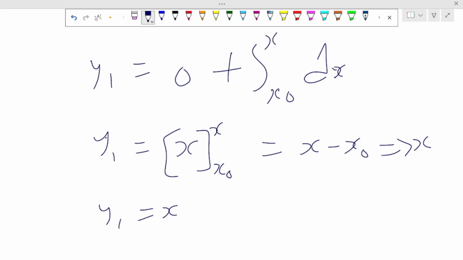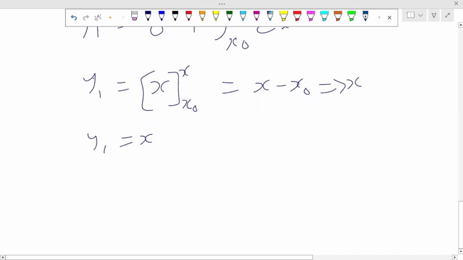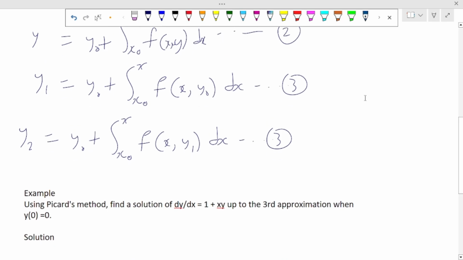Now for the second approximation, the same thing. However, where we had y at y0, we are going to have y1 there, just like this. Look at it here. Second approximation, this part where we had y0, we're going to have y1 there. So let's pick this second approximation.